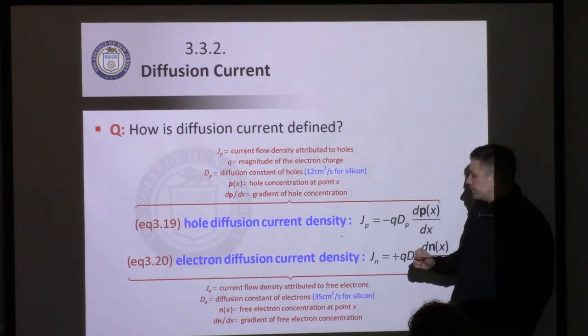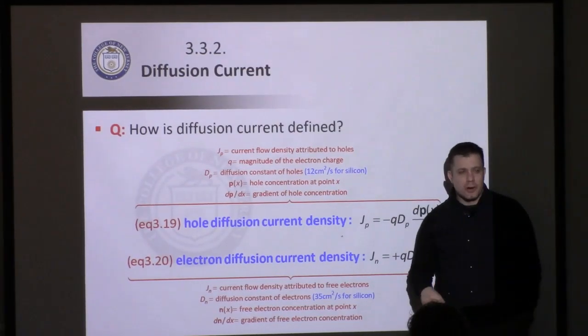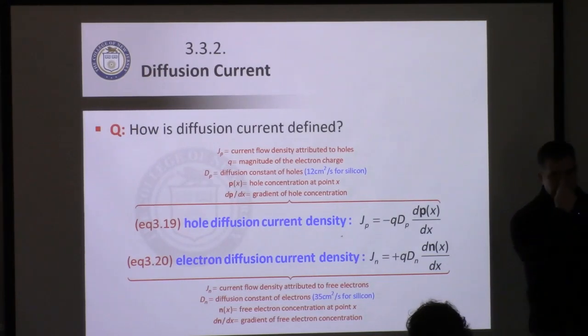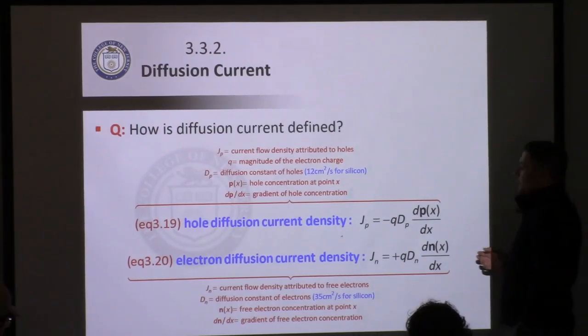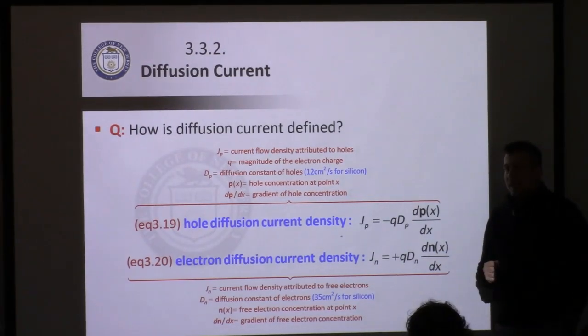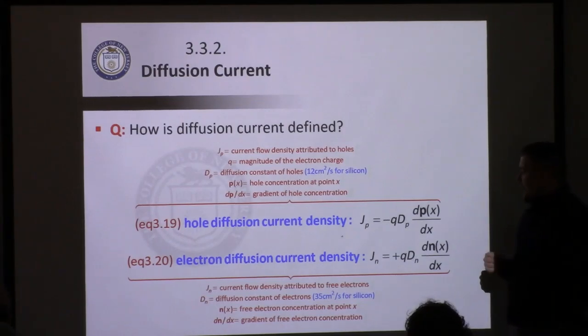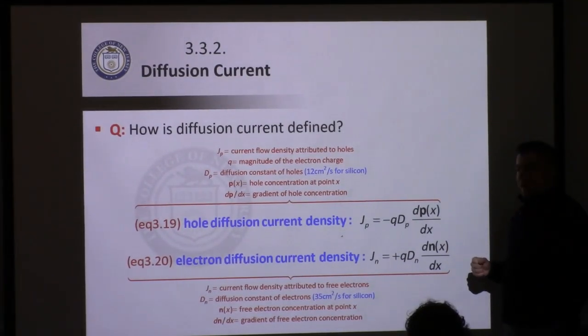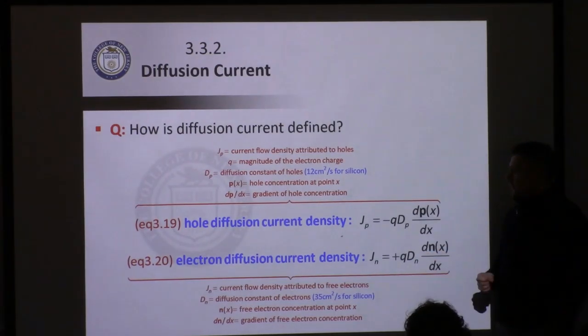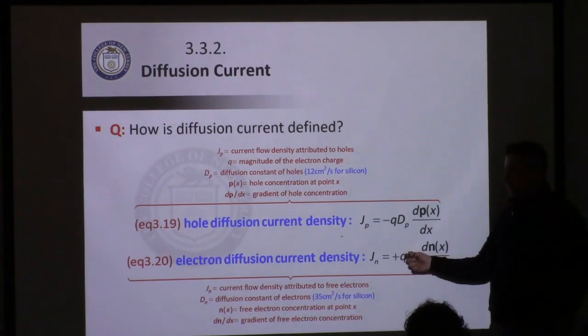It's given. And then times the charge of an electron, and then minus to account for the polarity of the holes, which are positive. We have a similar thing down here for the electron diffusion current density: the slope of the gradient, the diffusion constant for the electrons, and then the charge.